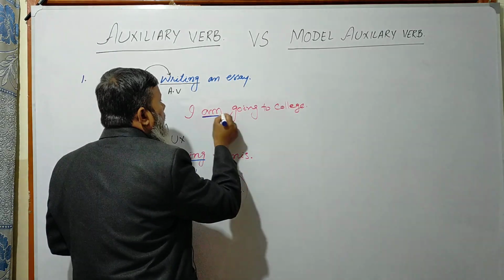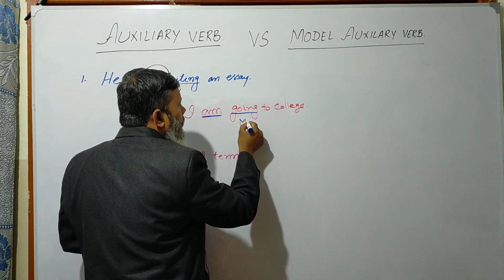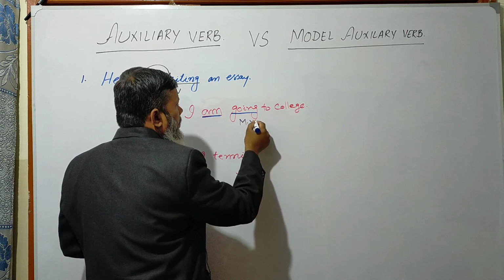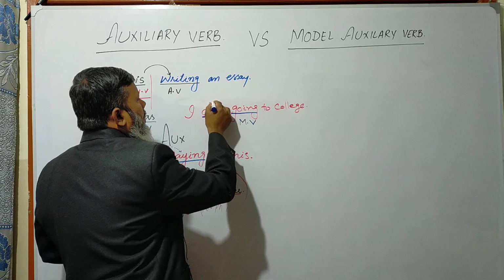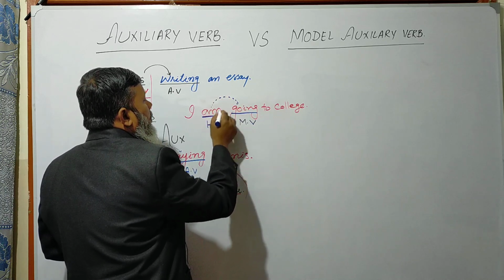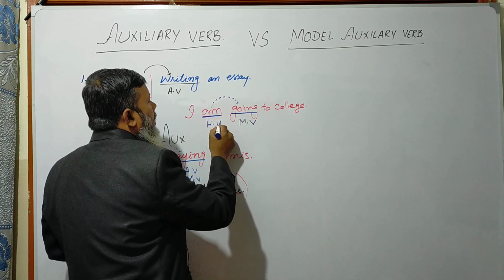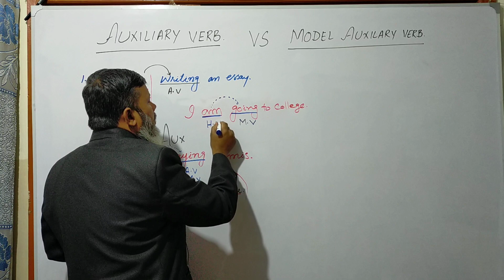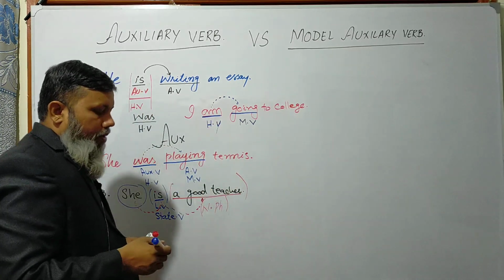Because "going" is the main verb here. Going is used here as the main verb or an action verb. "Am" is supporting it, that is why it is called a helping verb. I think the vision is clear.